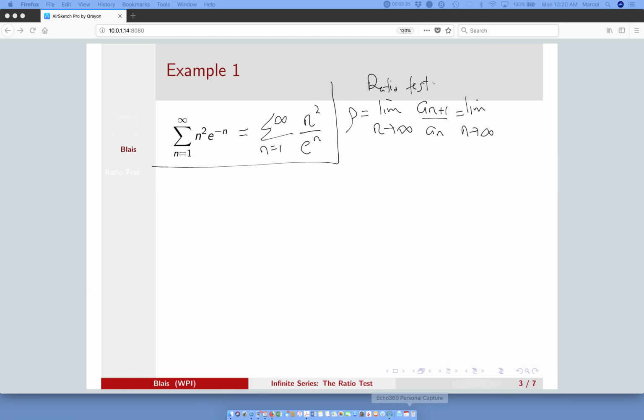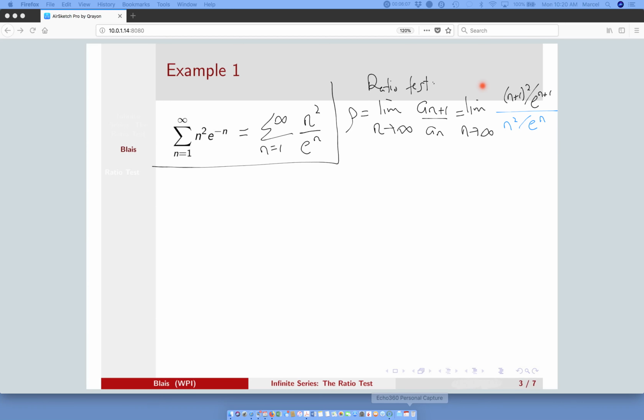So the (n+1)th term, you get that by going into the summand here and replacing every instance of n with n plus 1. So we have (n+1) squared over e to the n plus 1. And then for the a_n term, we can just copy the term as it is.